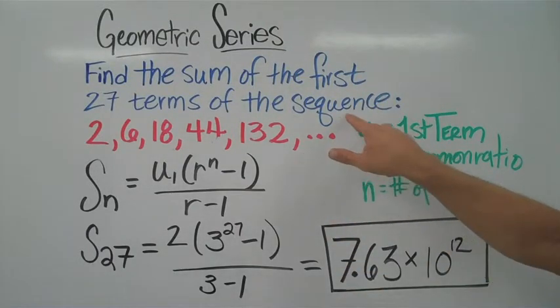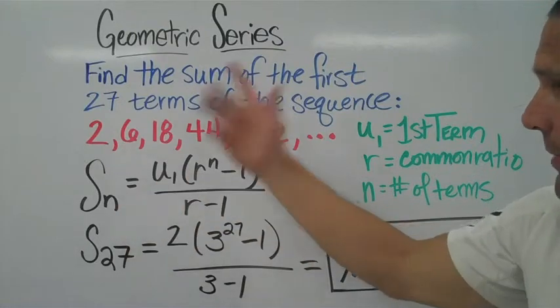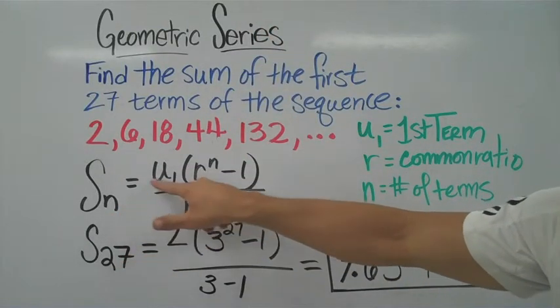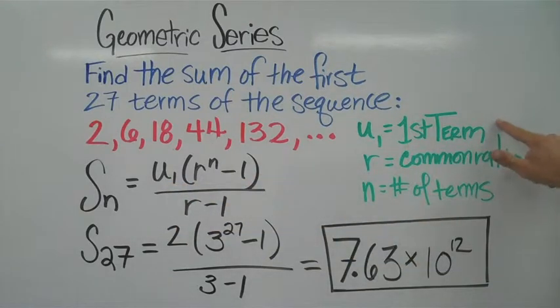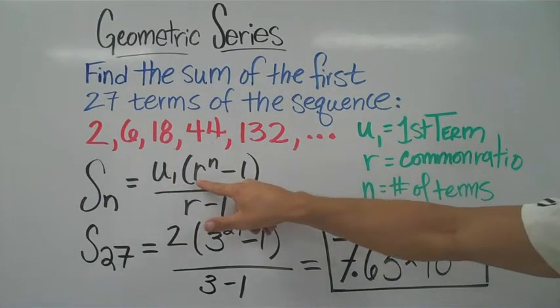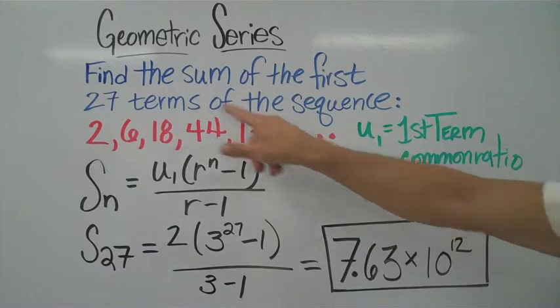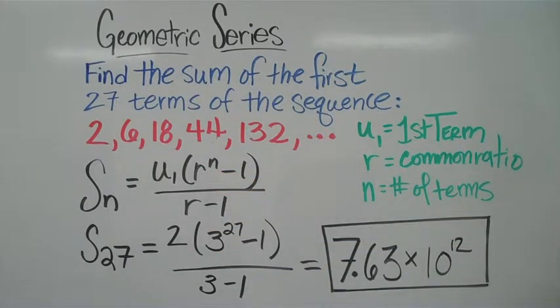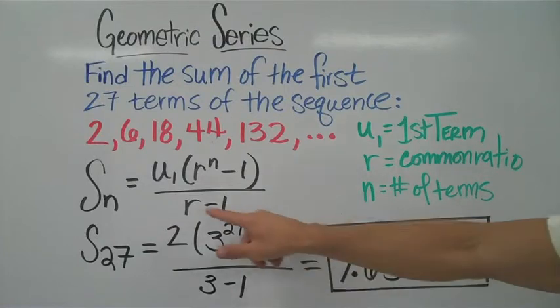Well, to get the sum of the geometric sequence, which is the series, I use this formula. S subscript n equals u1, which we know is the first term, times the quantity r, which is our common ratio, 3, to the n, which is the number of terms we're interested in, minus 1, that's in parentheses, divided by r minus 1.